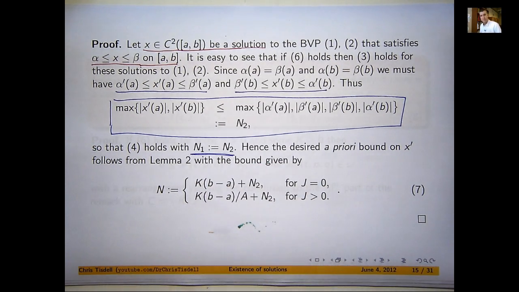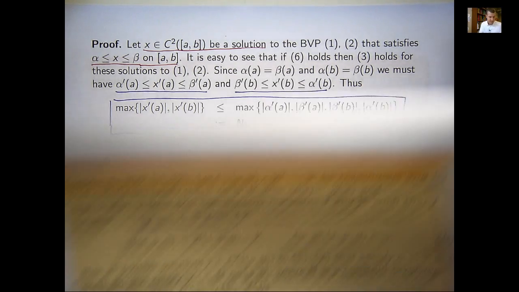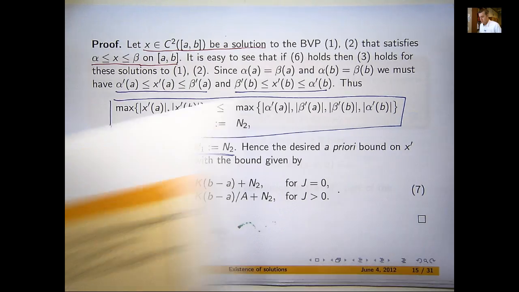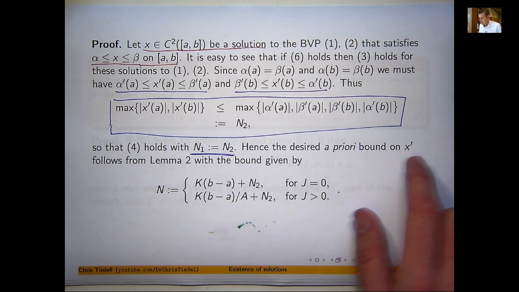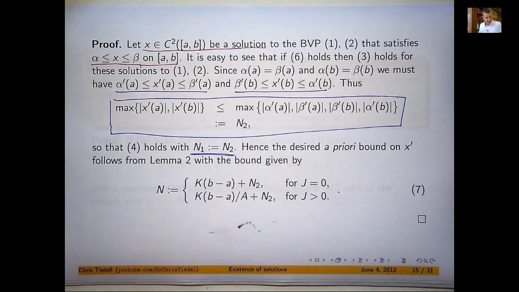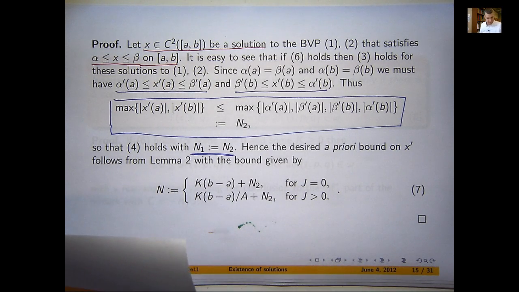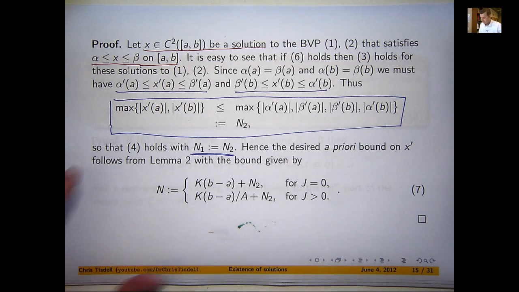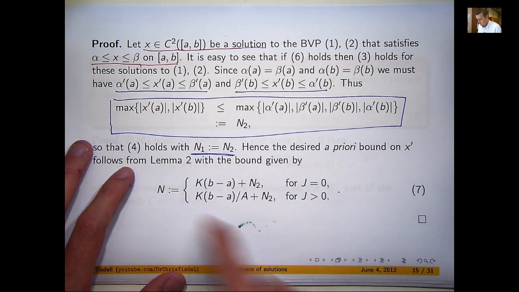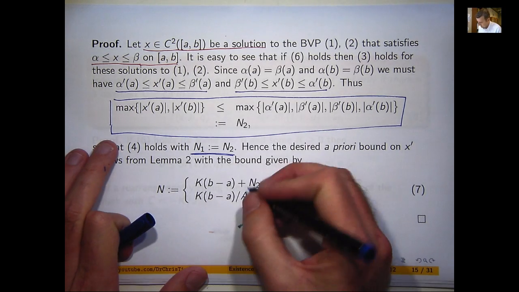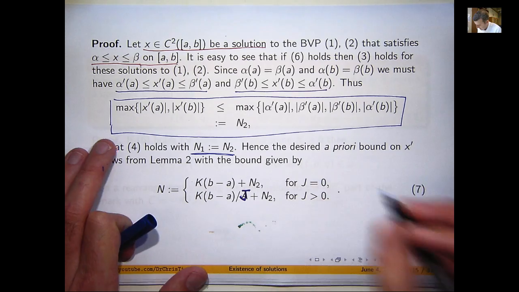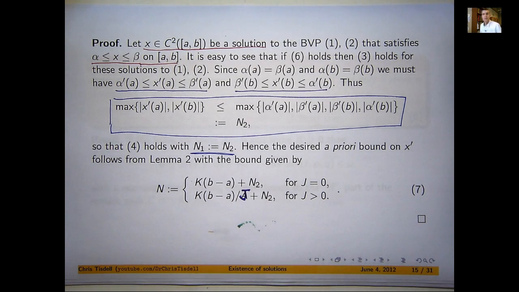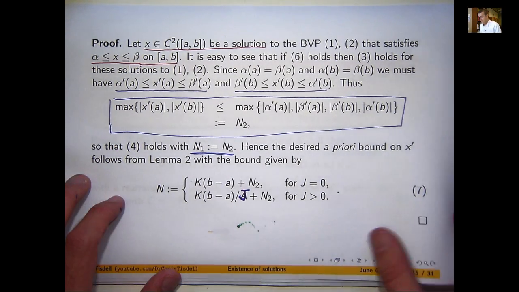So applying lemma 2, we know that under the conditions of theorem 4, the derivative of all potential solutions must satisfy an a priori bound. And the bound is given by this. Sorry, that should be a j, not an a. Okay? So that's the end of the proof.